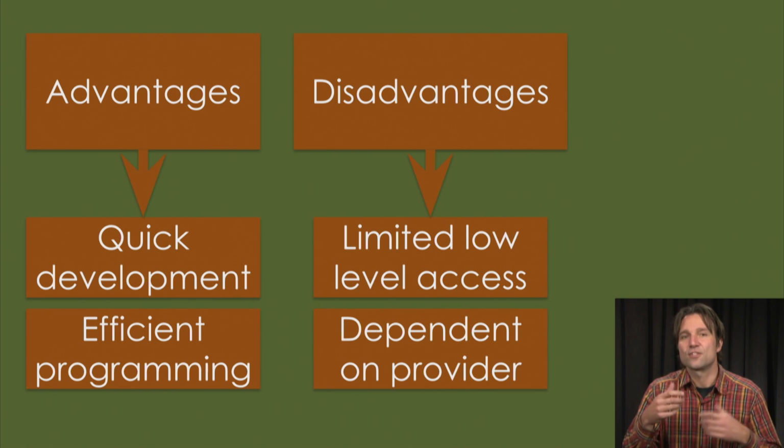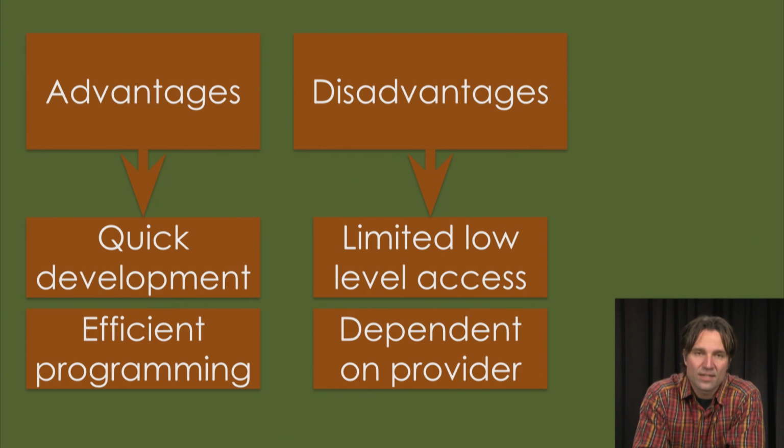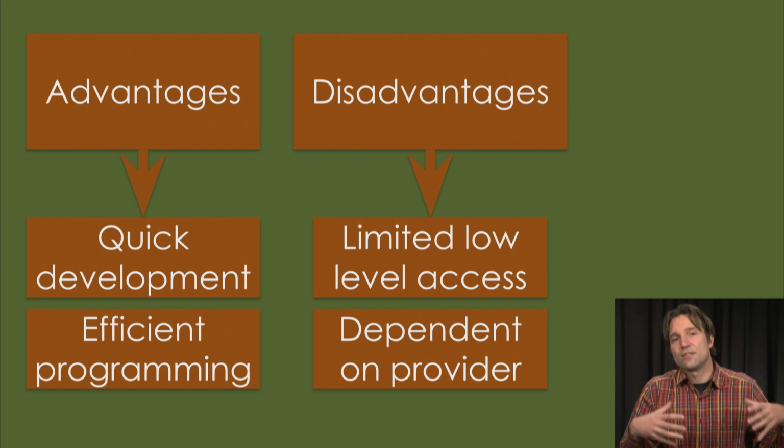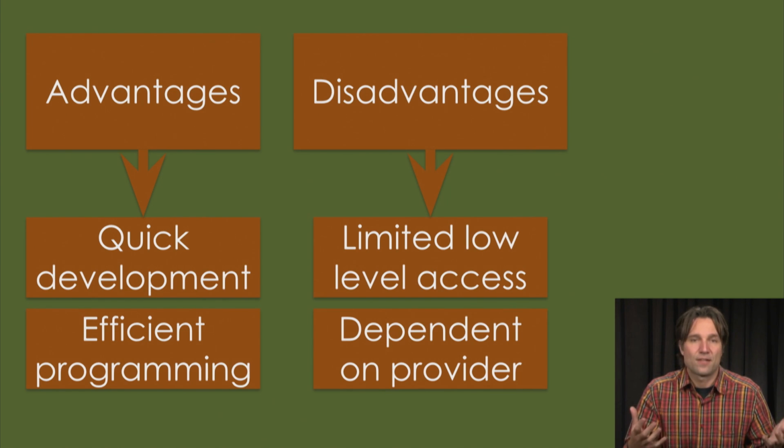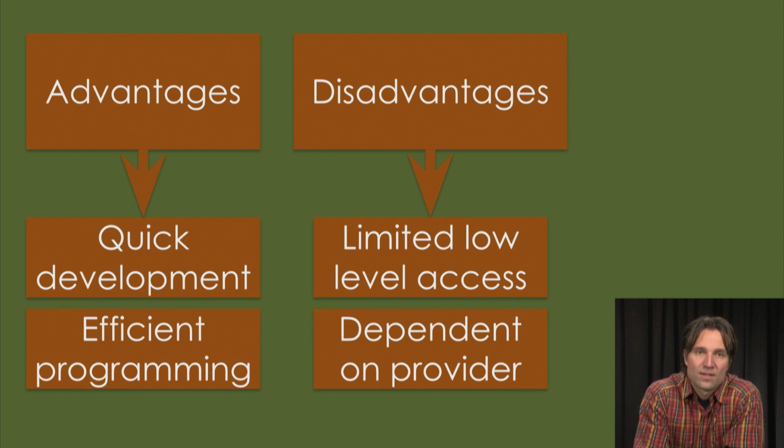A lot of these things are just checkboxes that you have to check, and then things happen that would otherwise take hours and hours of programming. So quick development is one advantage. And the other one is that you can program fairly efficiently, because they allow you to modularize your programs fairly well, so that you have little modules that you can reuse in other applications, or even in other places in your application that you're writing. And these modules are typically written in a scripting language.